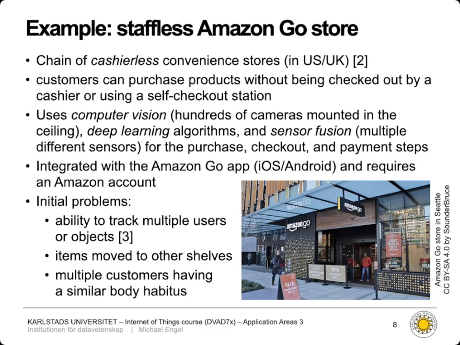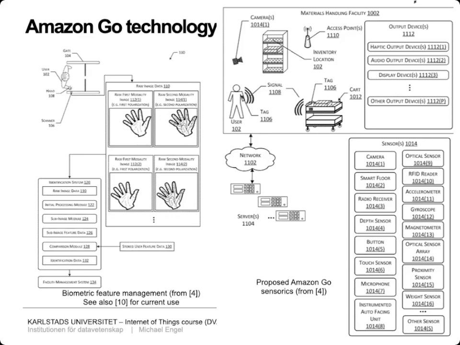So if you want a bit more of an insight into how this Amazon technology works, Amazon has tried to patent a lot of this technology. So here are some excerpts from the Amazon Go patent. This is, I think, not yet granted, this is applied for.